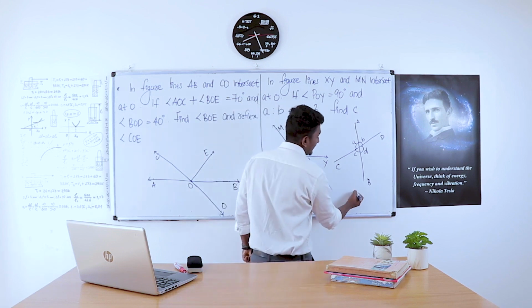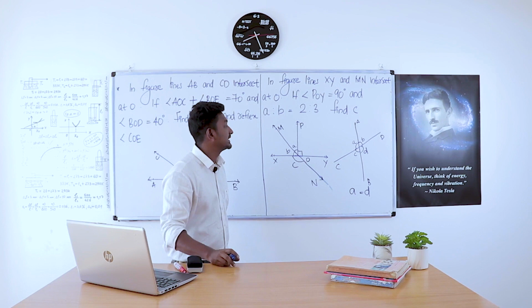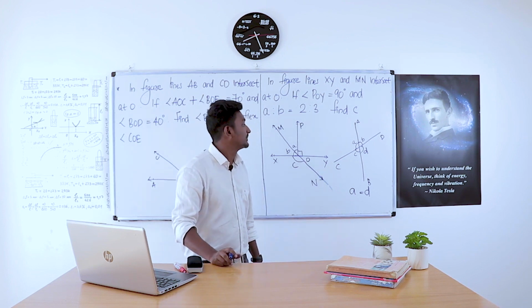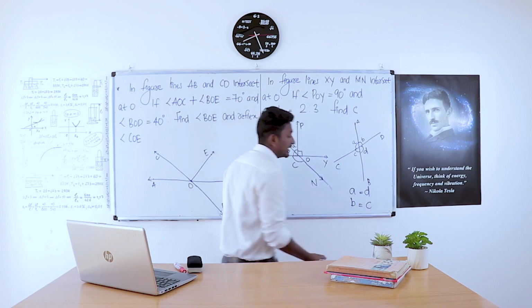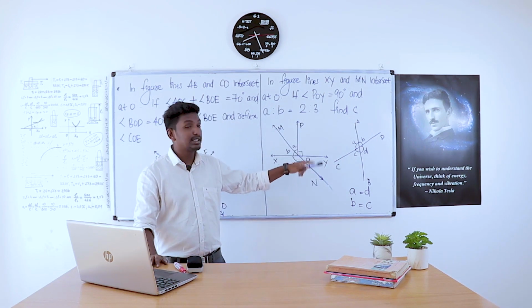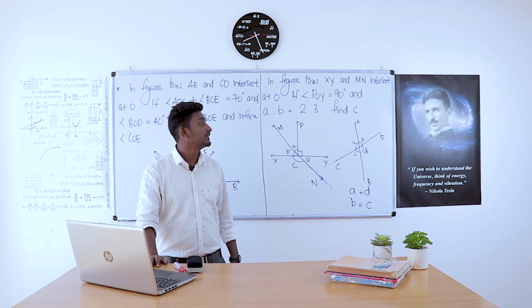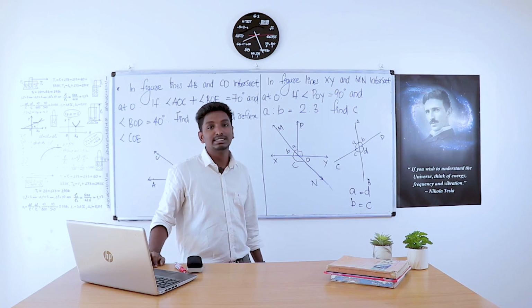That means A and D are vertically opposite angles, therefore A is equal to D. B and C are vertically opposite angles, therefore B is equal to C. When two line segments intersect each other, the vertically opposite angles so formed are equal. This is theorem number 1.